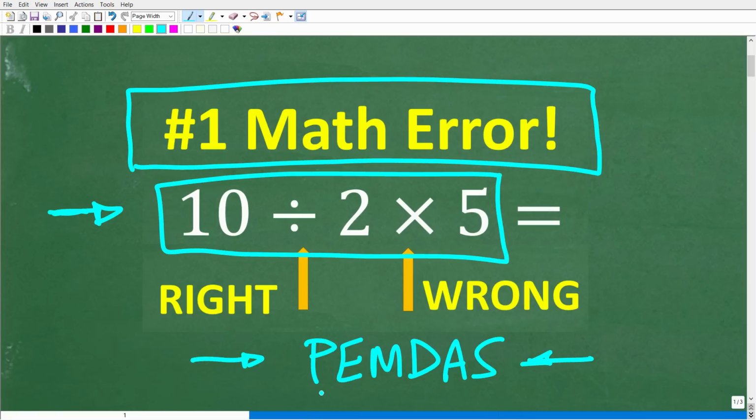Which, of course, is an acronym that you need to follow to solve a math problem in the correct order. But as we progress through these basic problems, we're going to get into some more interesting and more challenging math problems later in this video. So feel free to advance the video to sections or parts that interest you.